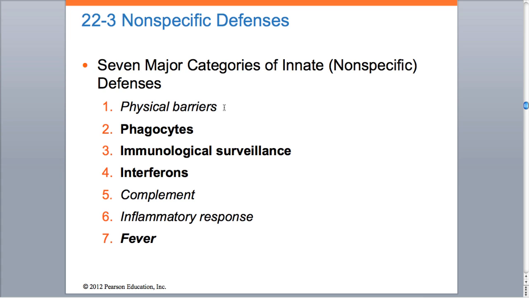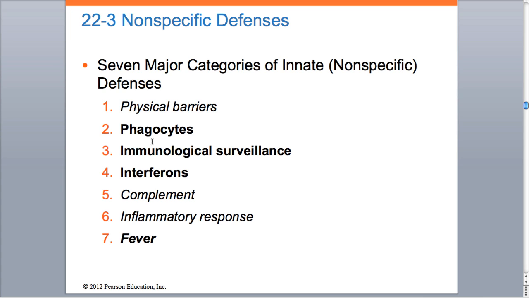So physical barriers, chemical barriers. The act of urination, that would be what? A physical barrier. It's a mechanical thing. Urination does what? Gets stuff out. So that is number 1, my level 1.